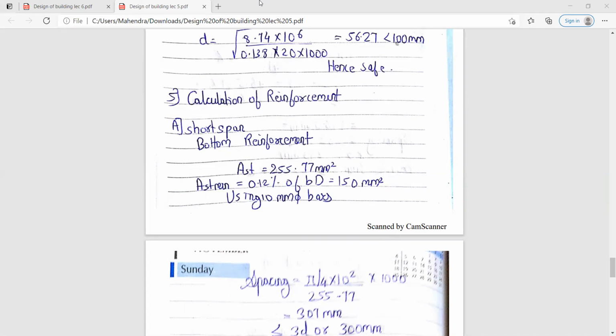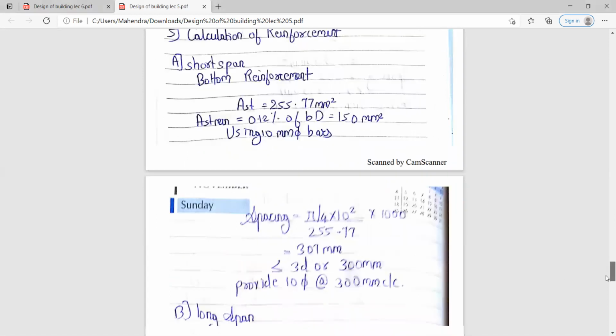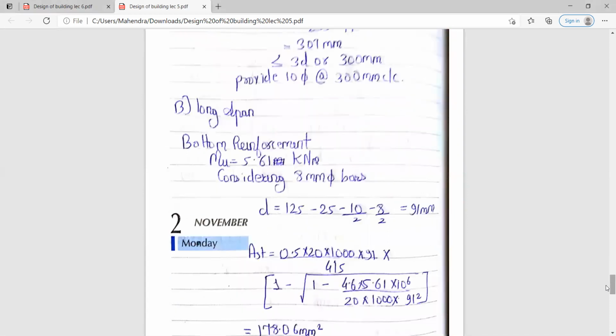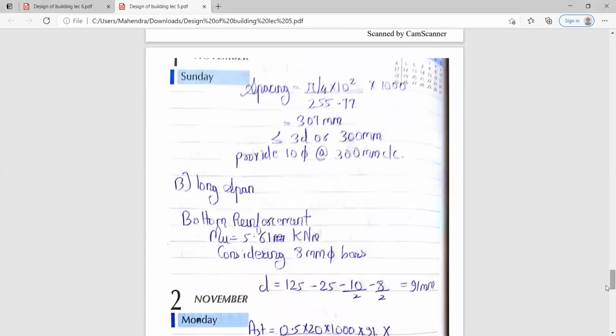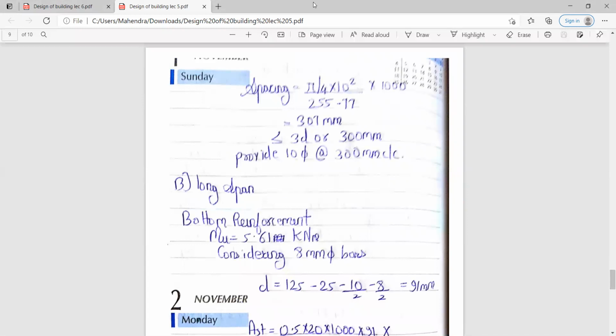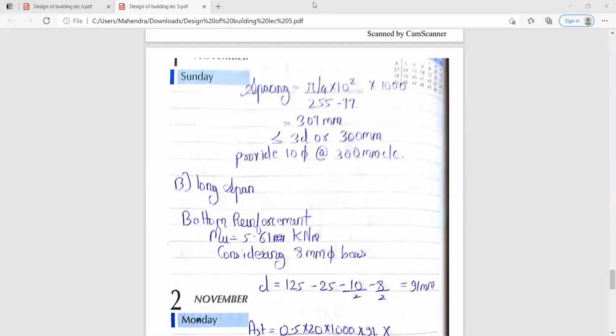So you are going to use 10 millimeter diameter bars, and by using the 10 mm diameter bar you are going to calculate the spacing. To calculate the spacing, again you use pi by 4 into 10 square upon Ast into 1000. In this way you calculate the spacing for the main reinforcement, and after calculation of spacing it should not be more than 3D or 300 mm.